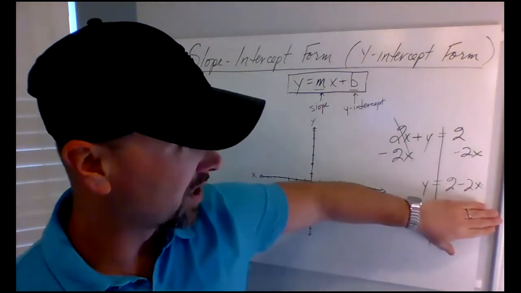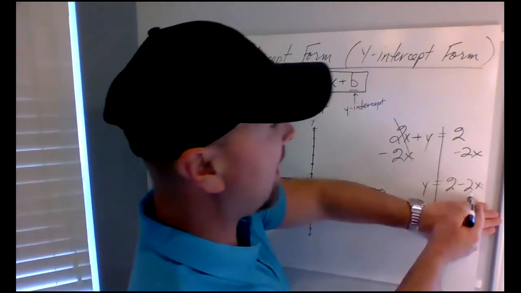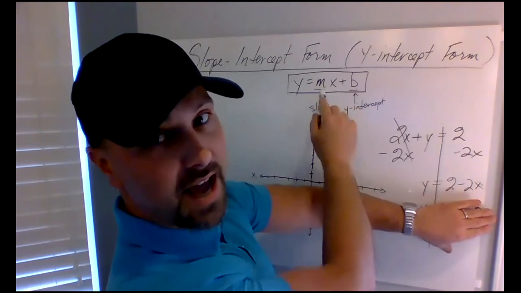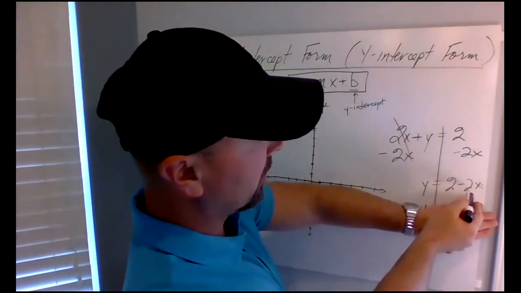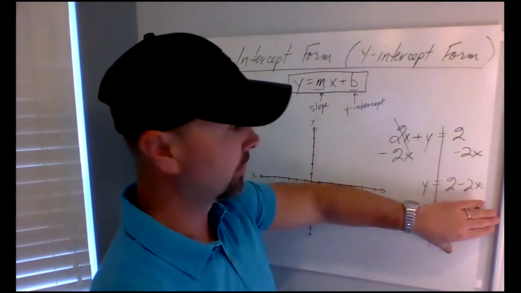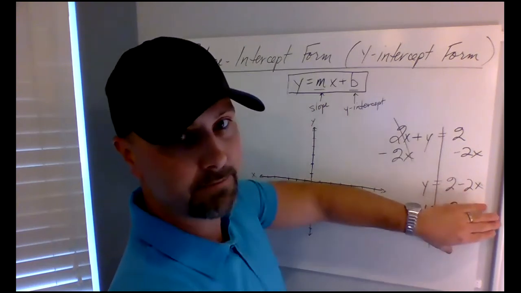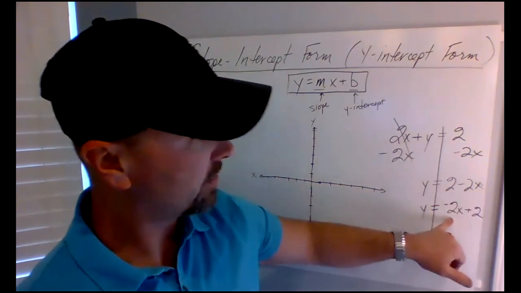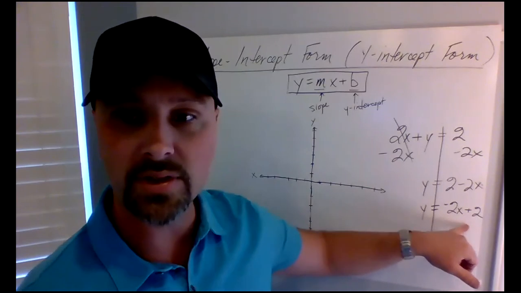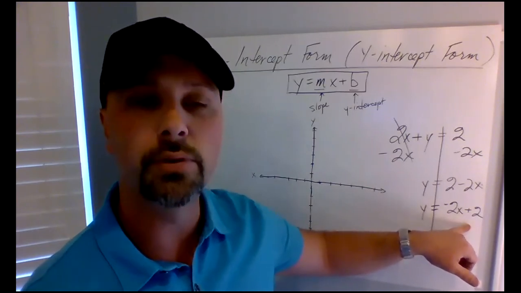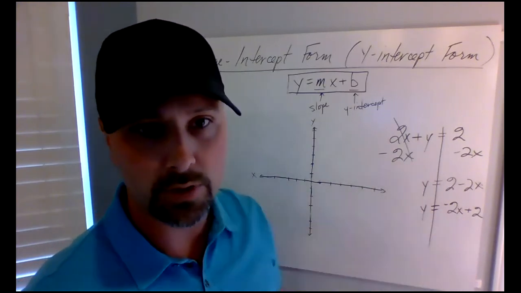Or if you want to leave it like this and just say, hey, I know whatever is attached to the x is the slope. Here's the slope, negative 2. This must be my b. Or you can flip it around into the correct order and find the slope and the y-intercept the way it's supposed to be written.